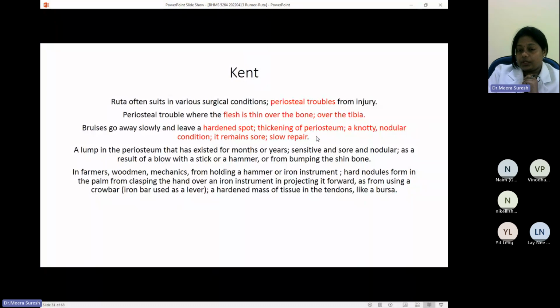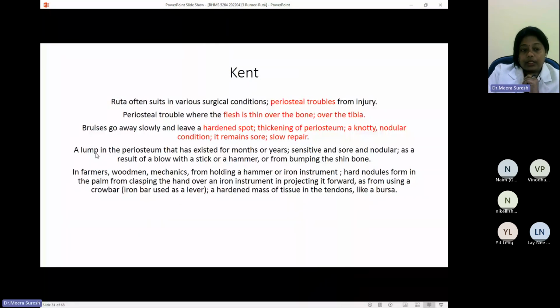Thickening of periosteum, a knotty nodular condition of the ganglion, which remains sore and slow to repair. So all those sprain conditions we see in Rhus tox, Arnica, or whatever, come in Ruta, but in case of Ruta, it should be near to the bone. Periosteum should be there. Then only we get that specificity where Ruta has to be prescribed. That is where we differentiate Rhus tox and Ruta.